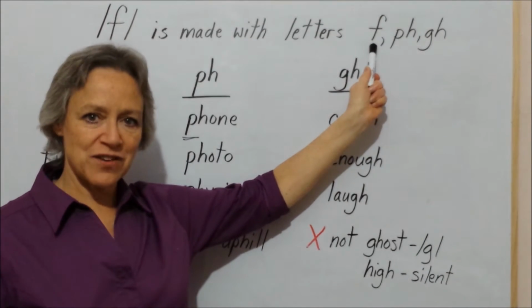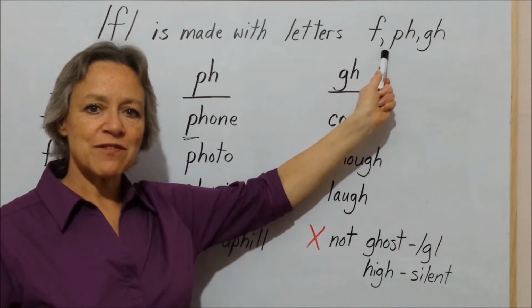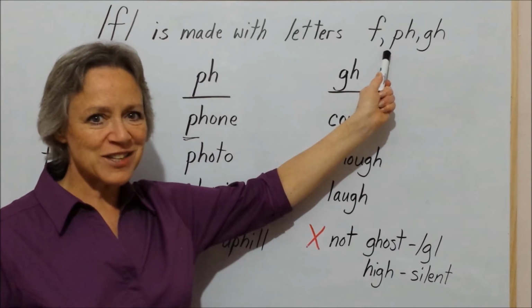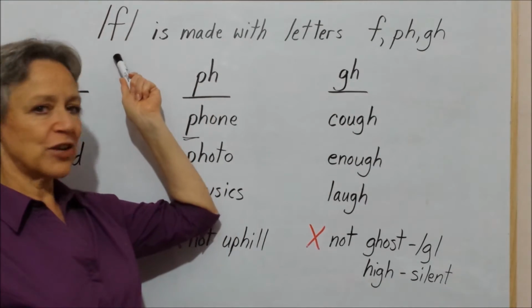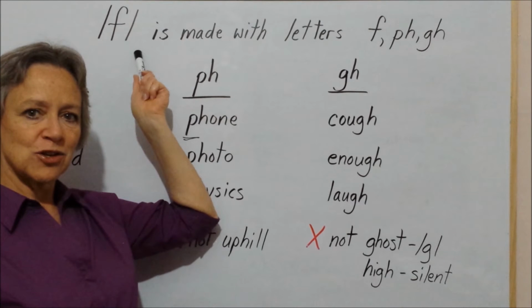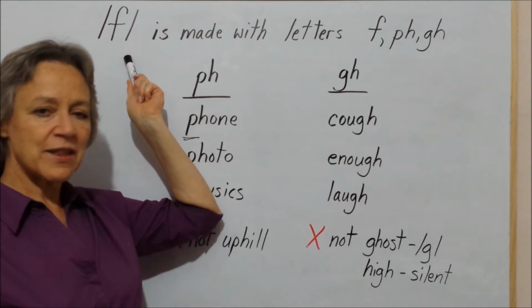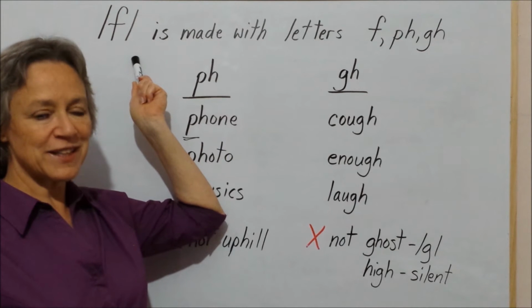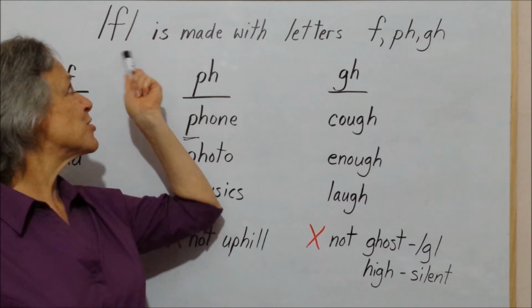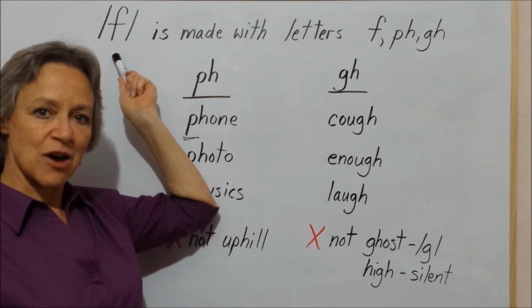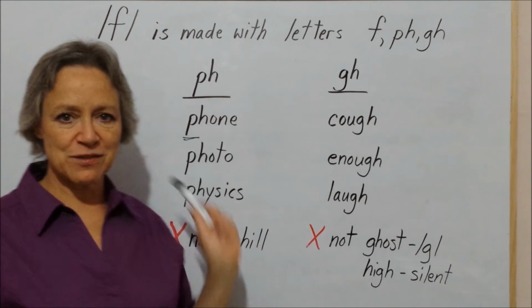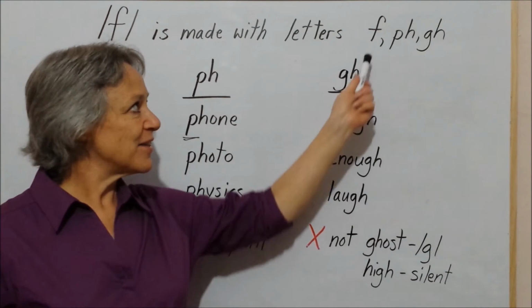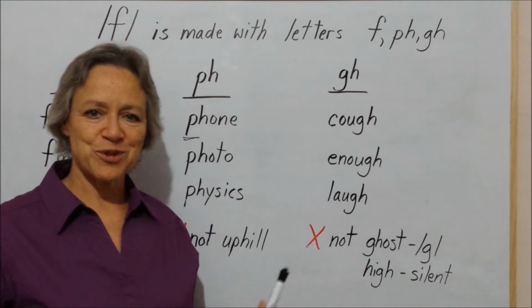So I have the letter F here. But if I write something like this that looks like the letter F over here, and it has two slashes around it, then I'm talking about the sound F. I'm not talking about the letter anymore, okay? So this is the sound F. I know that because of the two slashes. This is the letter F, okay?